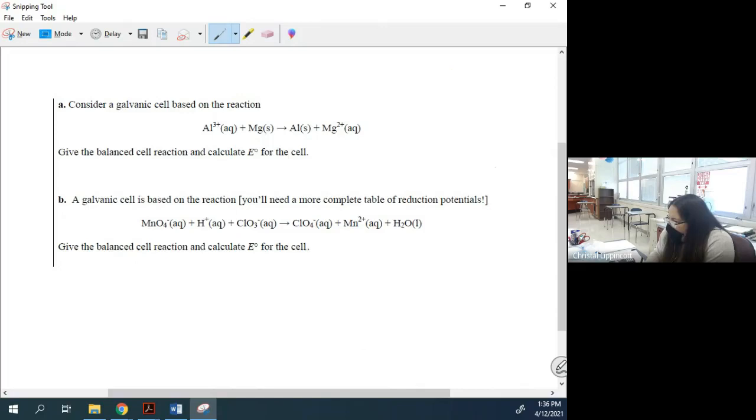They want to give a balanced E-cell reaction here, and then calculate E-cell for this. So check it out and see if you can see what's reduced and oxidized on that one.